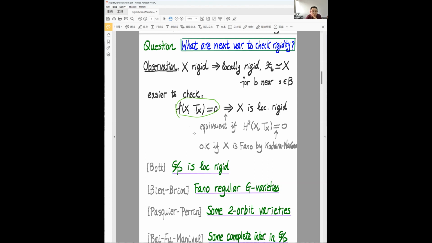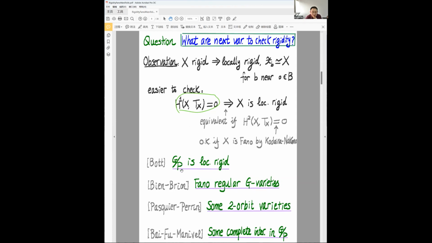In this case, this can be computed in many cases. For example, for rational homogeneous spaces G/P, this was done by Bott in the 50s. Then Bien and Brion computed this for Fano regular G-varieties, including, for example, toric varieties. Then Pasquier and Perrin studied some two-orbit varieties, horospherical varieties.